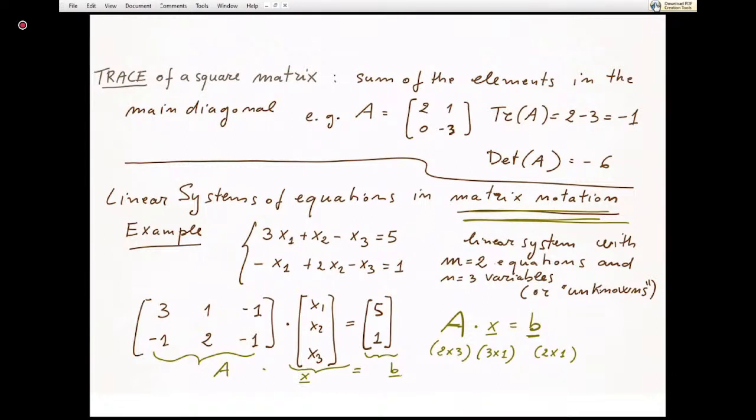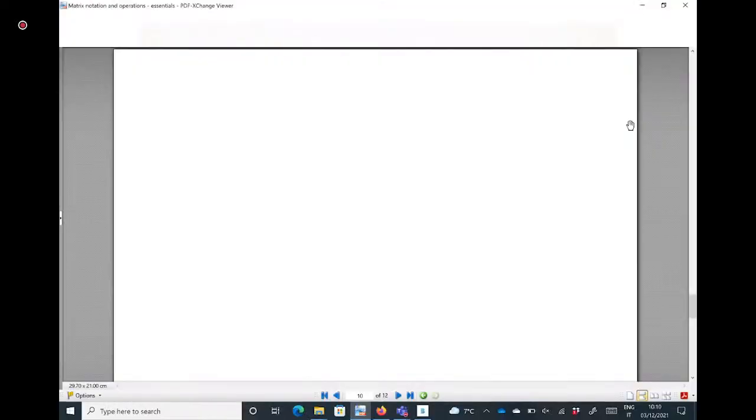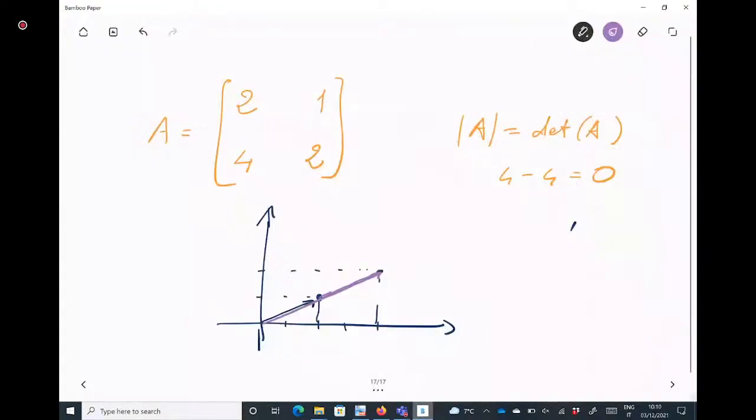Now, here there is another important property embedded here, which is this one. If you have a triangular matrix, this is a triangular matrix.